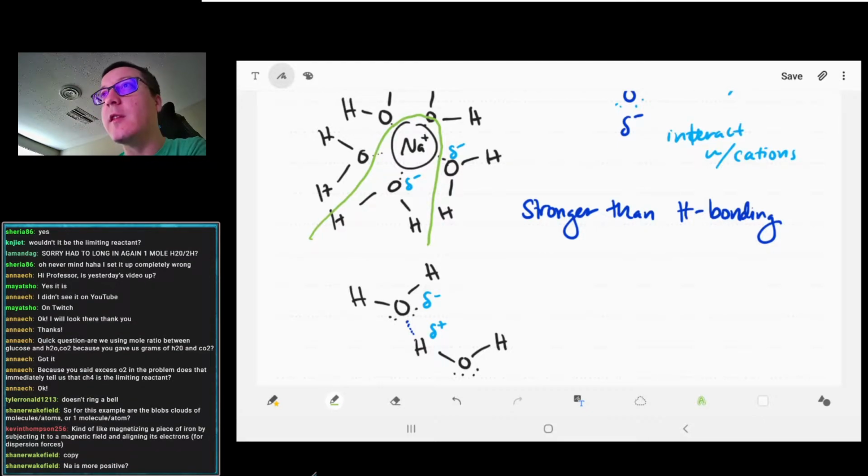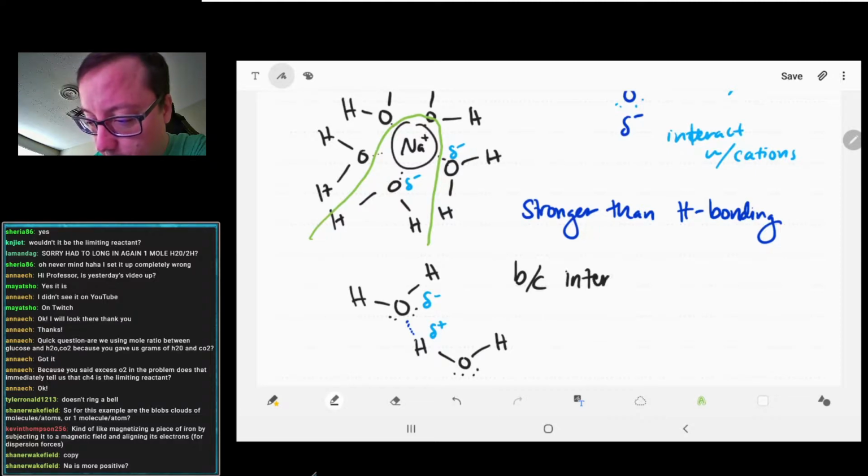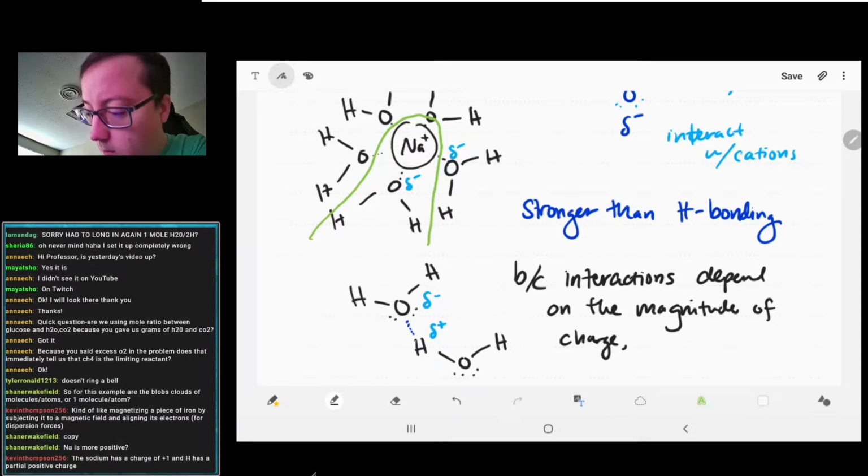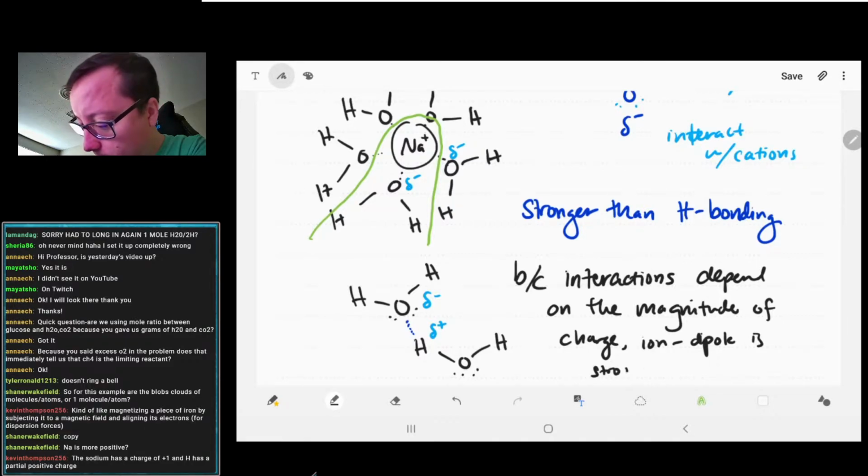Yeah, Shane, that's absolutely right. Sodium is going to be more positive. And we saw that the interactions depend on the magnitude of the charge, so ion dipole is stronger. So, exactly.